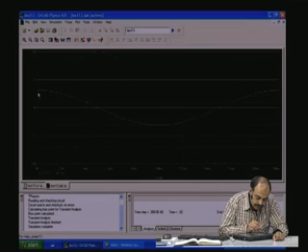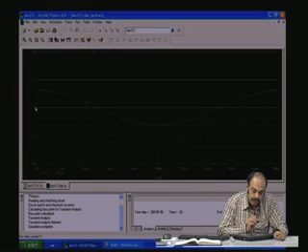So, you see that there is a 90 degrees phase shift between the current and the voltage. When the voltage is 0, current is positive maximum, which means the current is leading the voltage.